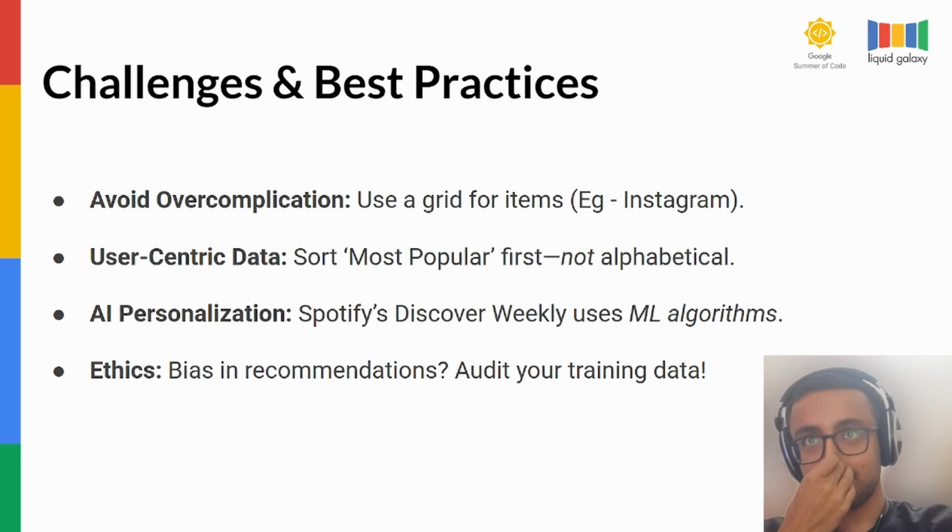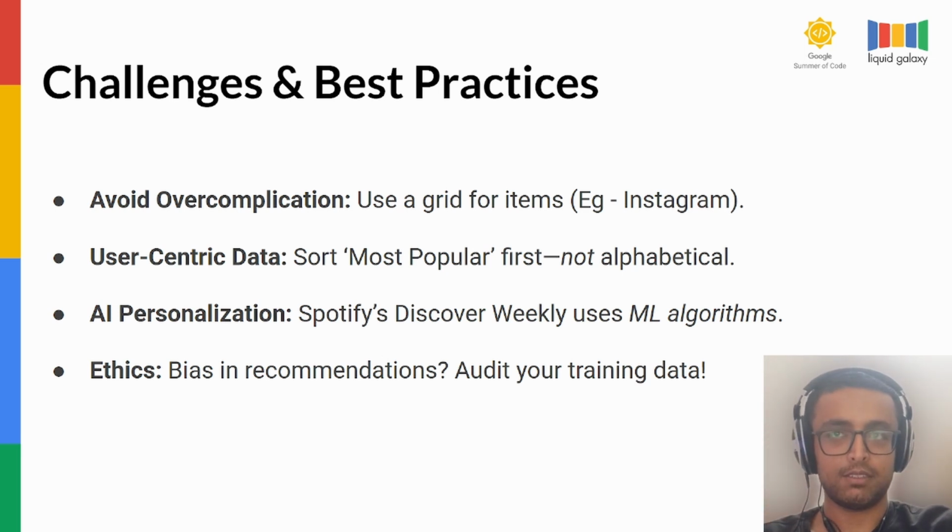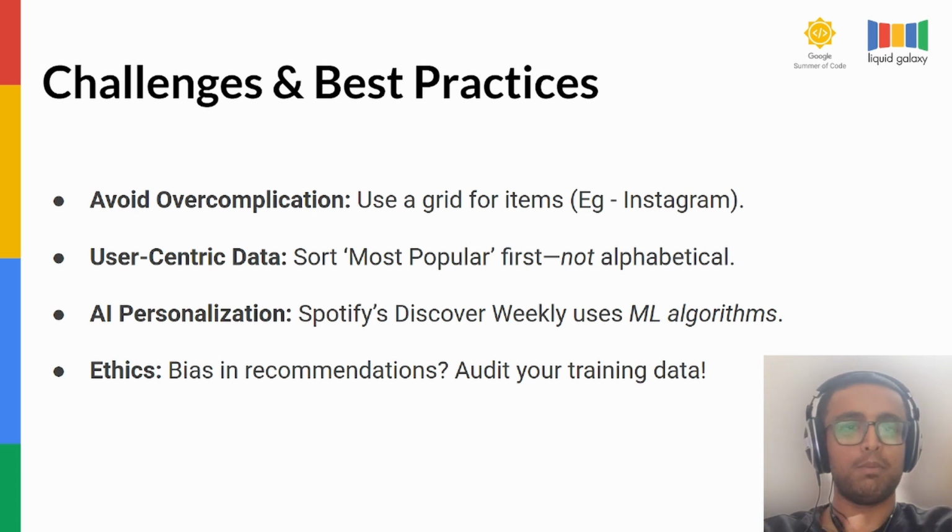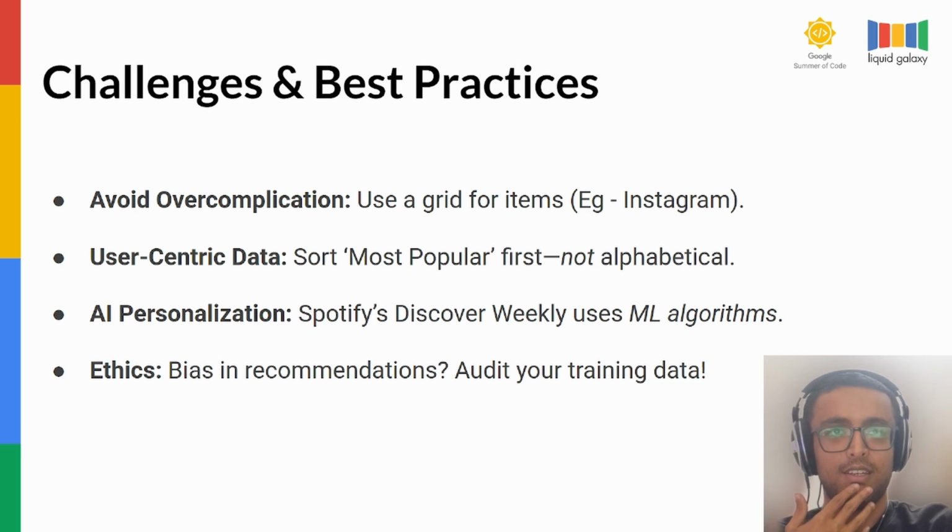And now some challenges and practices. Avoid overcomplication, like we just talked about in the previous example, the 50 plus filters and the restaurant menu example. Use a grid for items in a certain way in your app. We also talked about putting data in a tree form in a hierarchy format in Amazon.